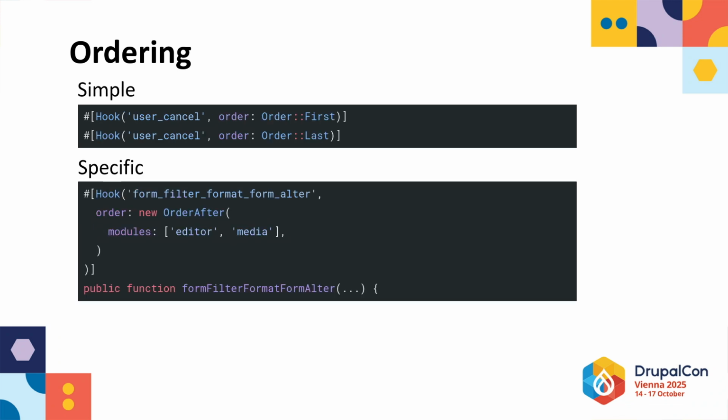This replaces hook implements alter for most cases. But because it could do many more things in the past, there are edge cases that you could do before that you cannot do now. They're so edge case that it's probably fine, and if you were doing that, you were probably doing something very exotic.